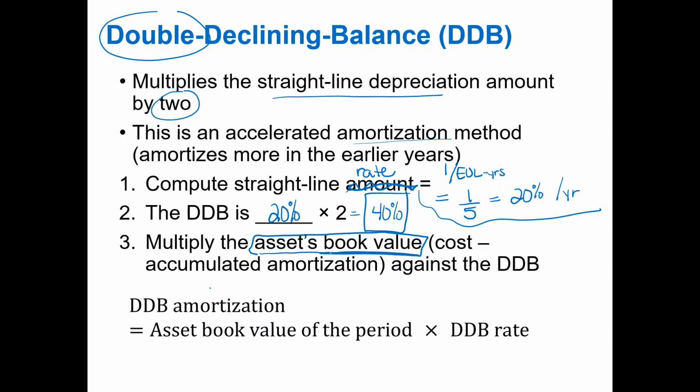Whatever your book value was from the previous year, you multiply that by the double declining balance rate, and that gets you your amortization expense for the year. We can see that at the bottom: book value times the double declining rate.